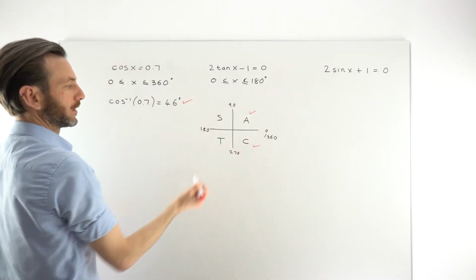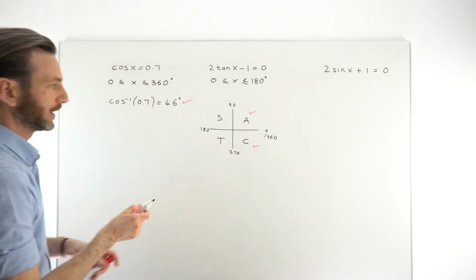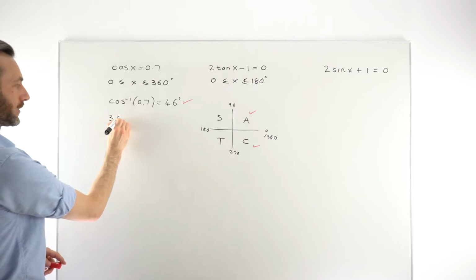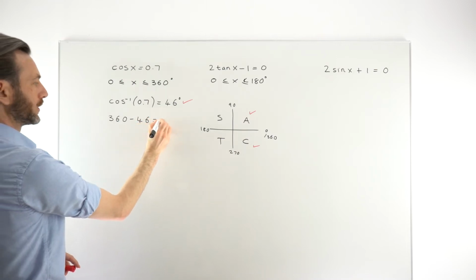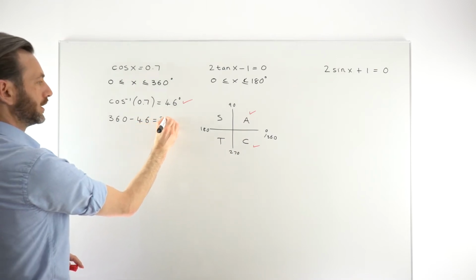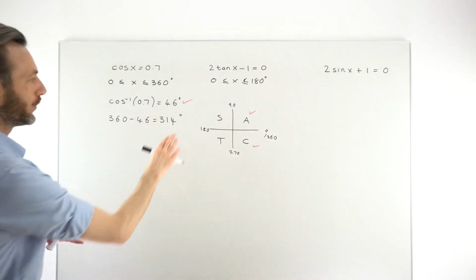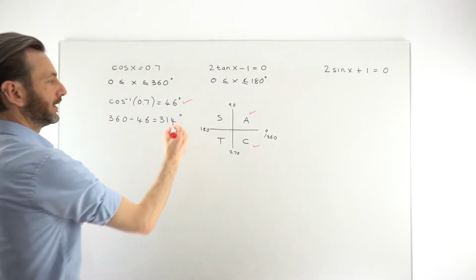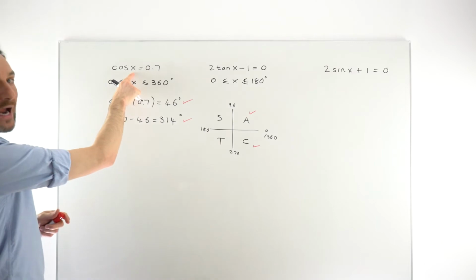That's the one that goes there. The second one we get by making an adjustment from 360 degrees, by writing 360 minus the first solution, 46, which is 314 degrees. Now that we've got the two numbers tallied up with a CAST diagram, we can validate that they are both our solutions. Remember, you're solving these for x.